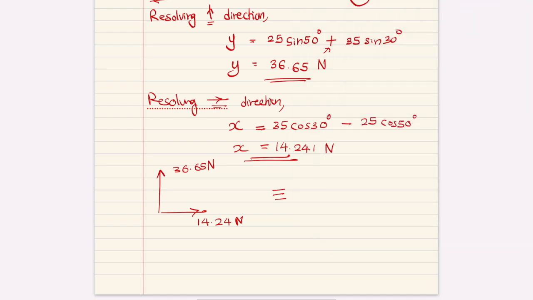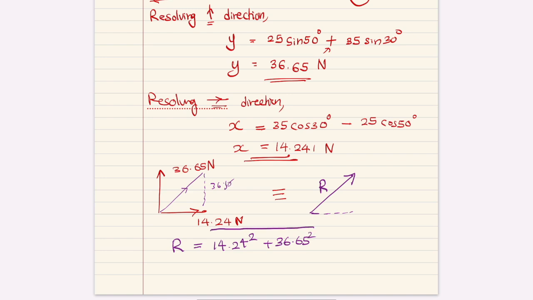To find the resultant force, you can apply Pythagoras theorem, because this is the same as finding the hypotenuse created by these two forces, 14.24 and 36.65. So the resultant force is going to be 14.24 squared plus 36.65 squared, and square root the answer.